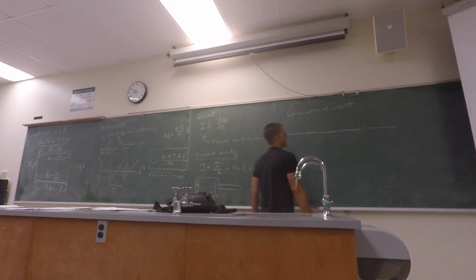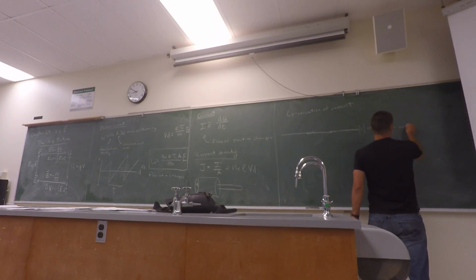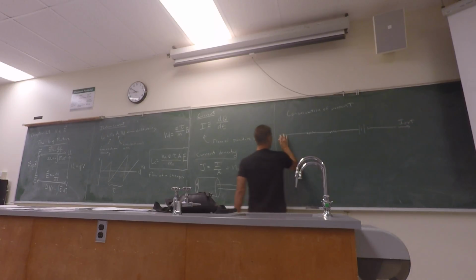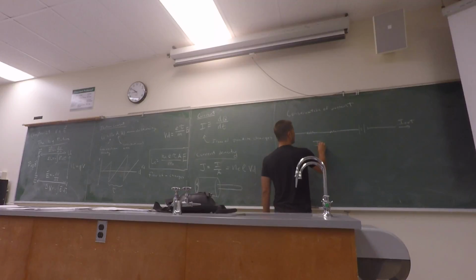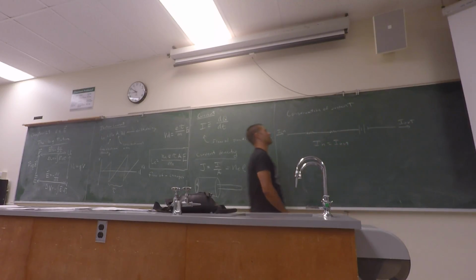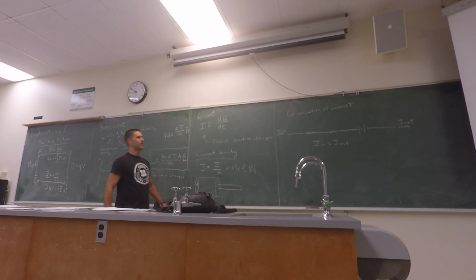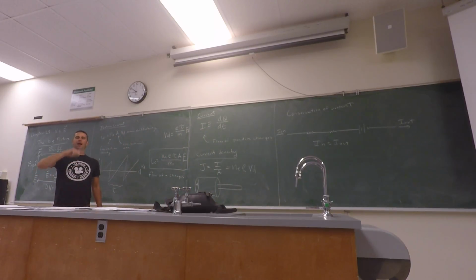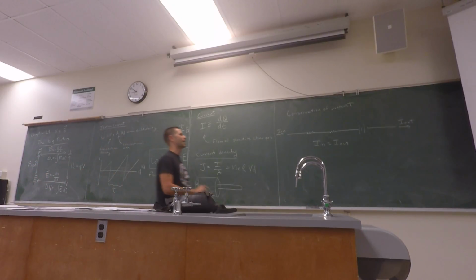So maybe we have some I going out this way, and some I going in this way. In any case, I in is going to equal I out if it's the same wire, which is why we can separate off all of our different little currents when we go to use Kirchhoff's laws.